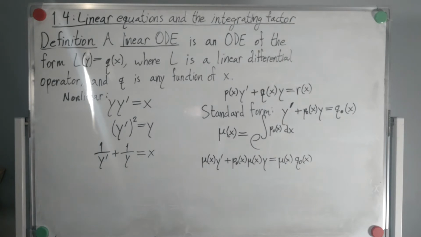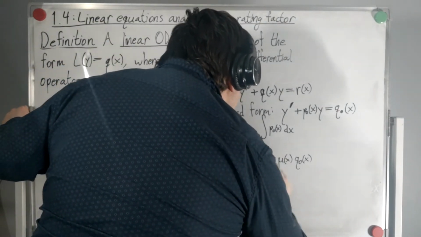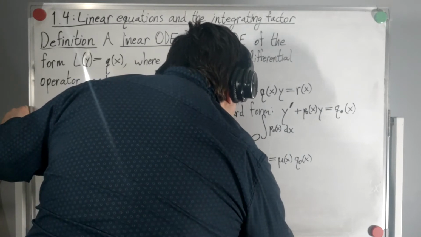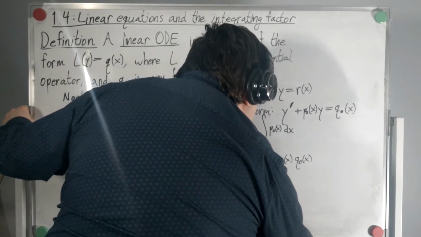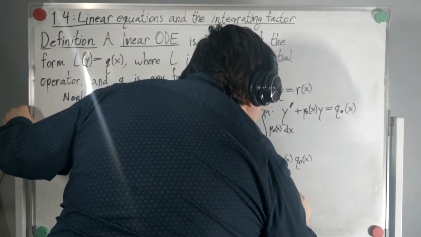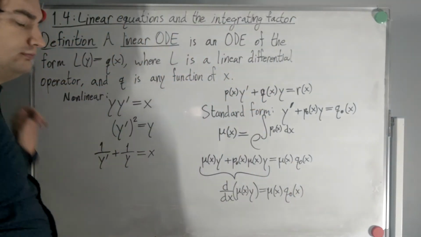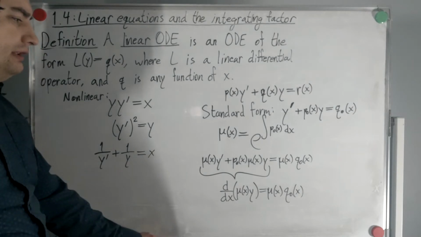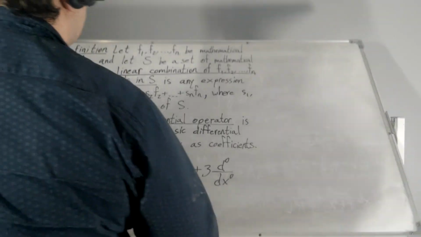Now what you've done here is you've rigged the situation so that this left-hand side will end up being the derivative of the integrating factor times y. In order to see how this works, let's look at some examples.